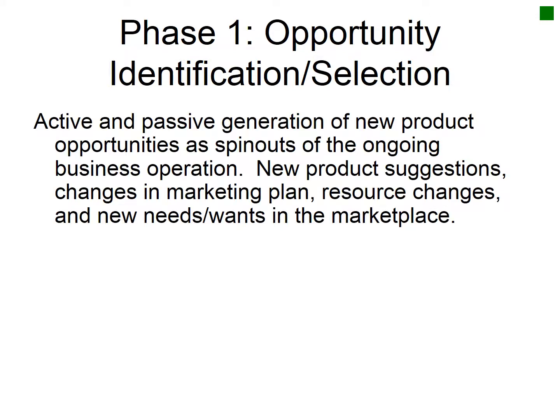So to talk about these ideas a little bit, let's start with opportunity identification and selection. As we do business, we find new ways we can satisfy the customer through our existing products, maybe extensions to products that we already offer.